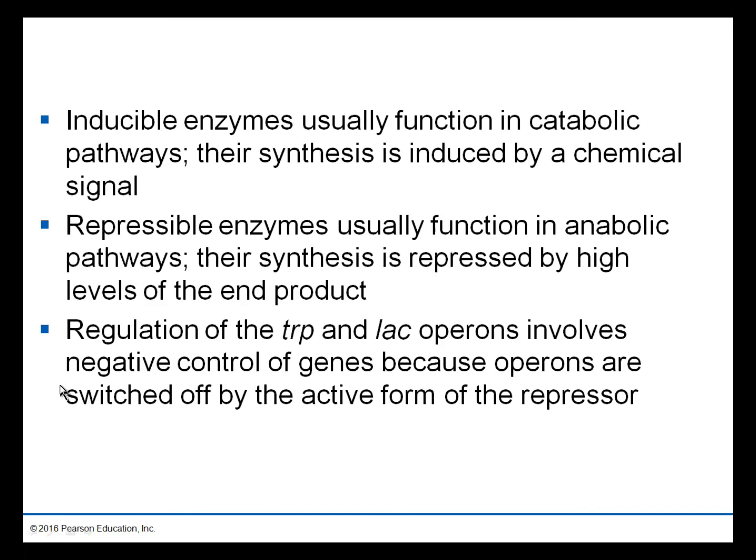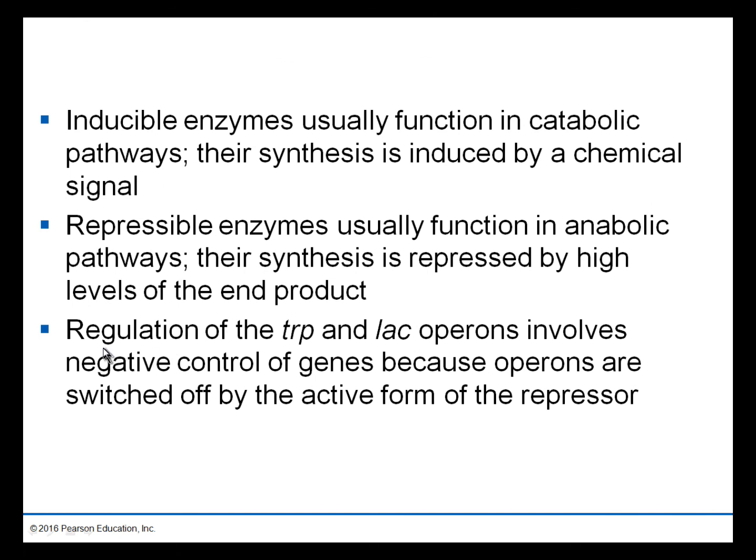Generally speaking, the inducible system is found in catabolic pathways, such as the use of lactose as an energy source in bacteria. The repressible operons are usually found in anabolic pathways, which is the synthesis part. In this case, we're discussing the synthesis of tryptophan from simpler molecules.